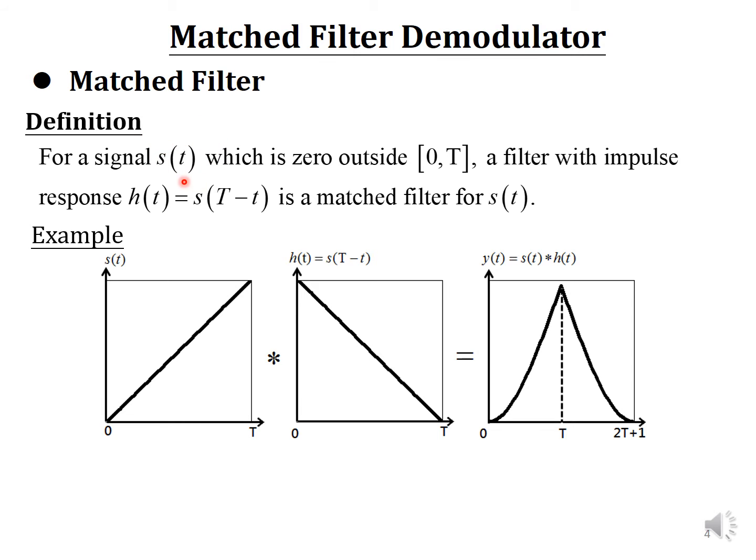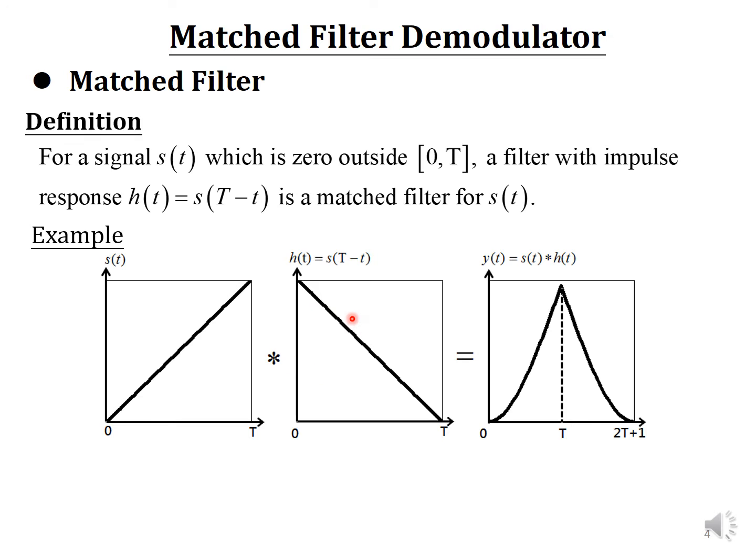For a signal s(t), say this is s(t) over the time period T, like a simple waveform. If we pass this s(t) through a filter h(t), h(t) would be equal to s(T minus t).